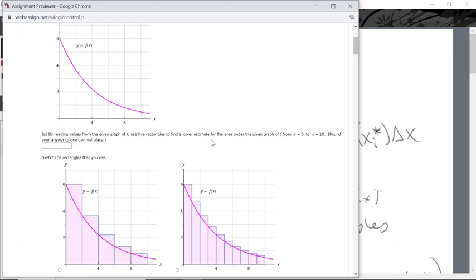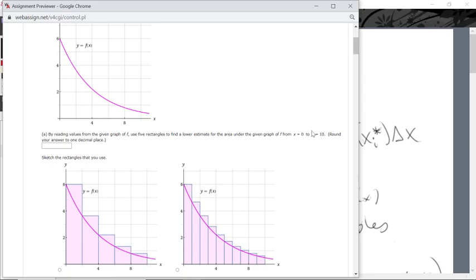5. Where's the interval from A to B? 0 to 10. So we're going to start from here and go to here, from x equals 0 to x equals 10. If you use a uniform partition with 5 rectangles over this interval, what would be the width of each rectangle?